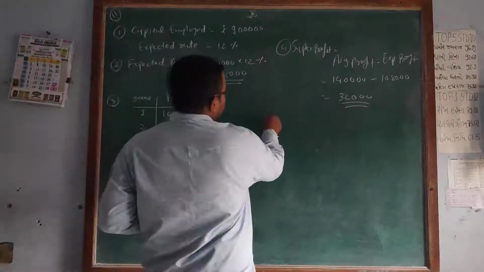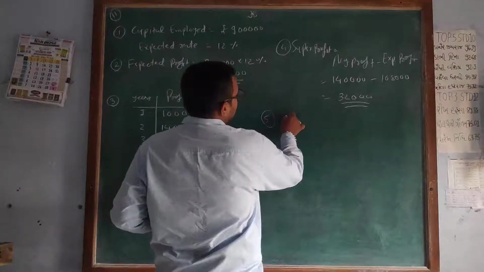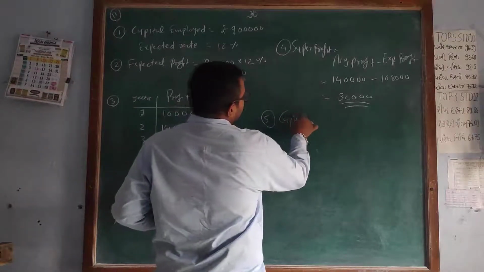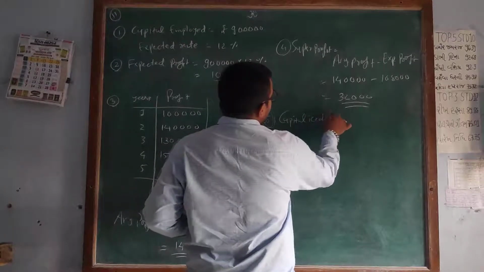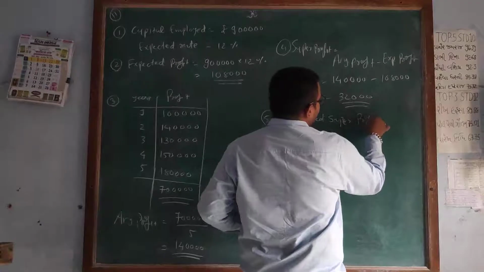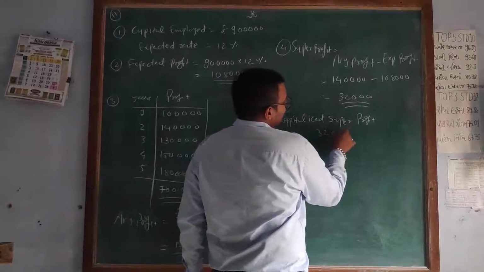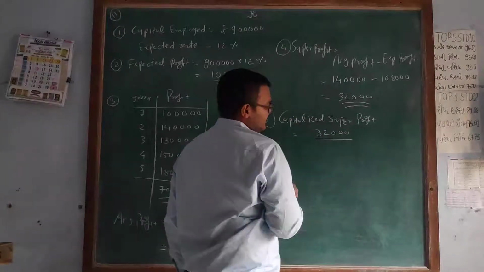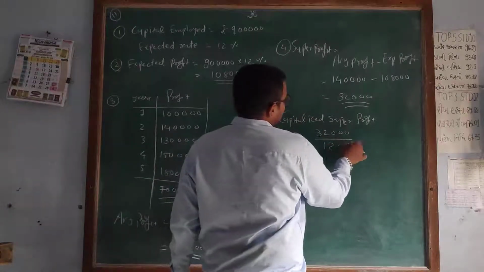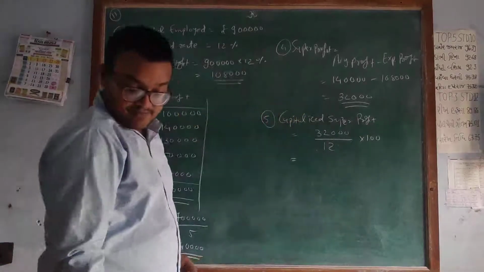Now, the last and final step of this chapter in the sum, capitalized super profit. 32,000 divided by 12%, 12 into 100.